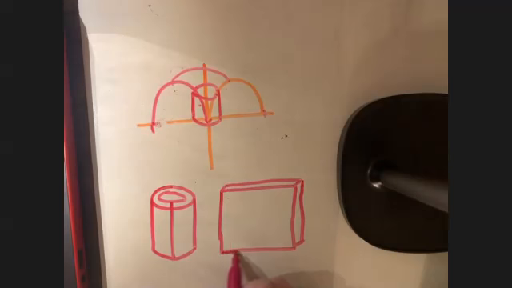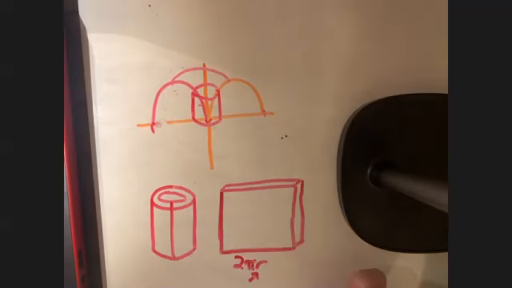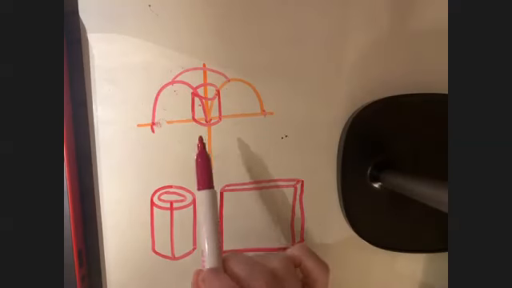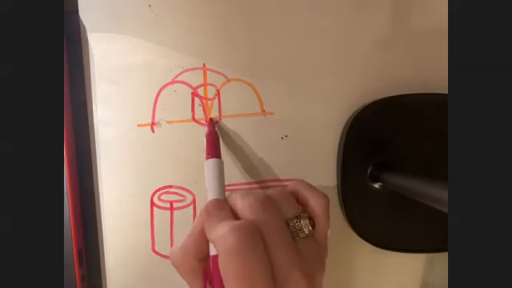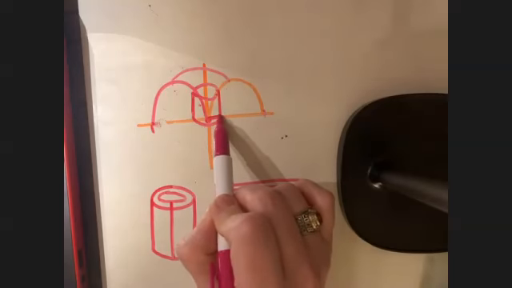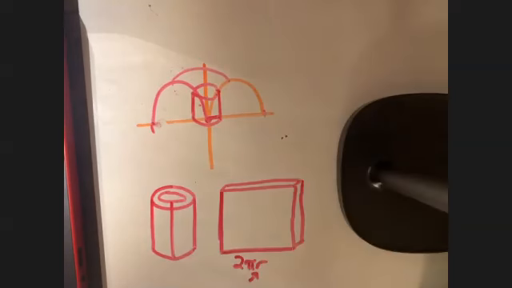And we know that this measurement is the one that went around, so that's going to be 2 pi r. We're going to have to figure out what r is. And then this is our height. The radius on something like this would be how far out we would be coming to here. The height then is dictated by our function.